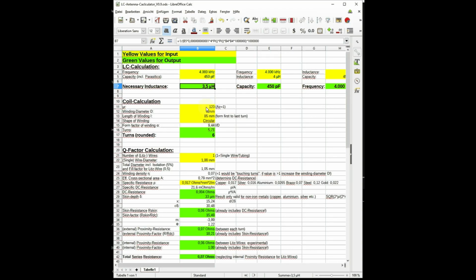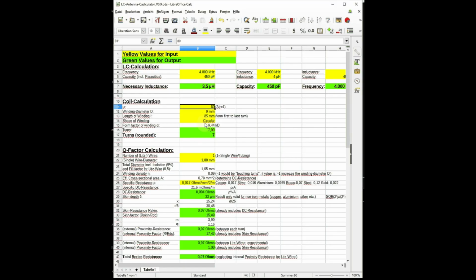So obviously the mu r is still smaller, and it's even smaller than 100. Let's even go down to 75. Now with 75 or with 80, with a mu r of 80, we in fact get the 7 turns.